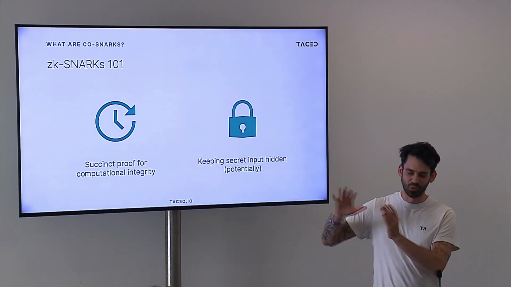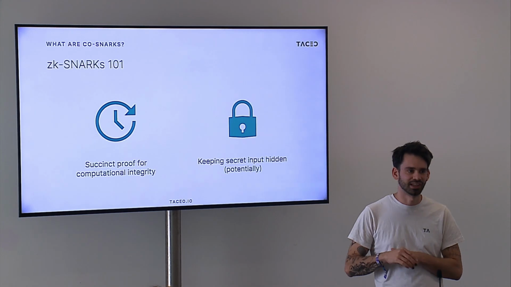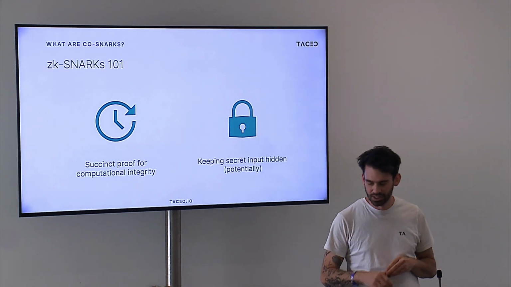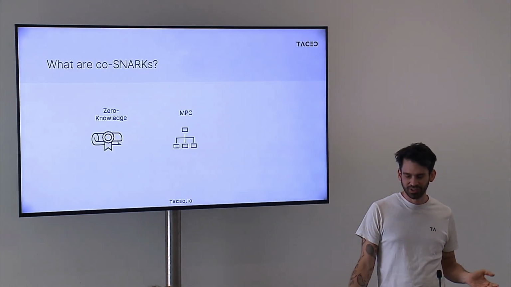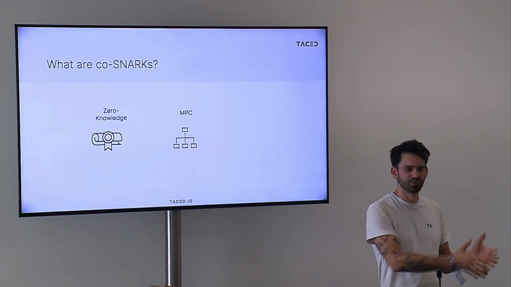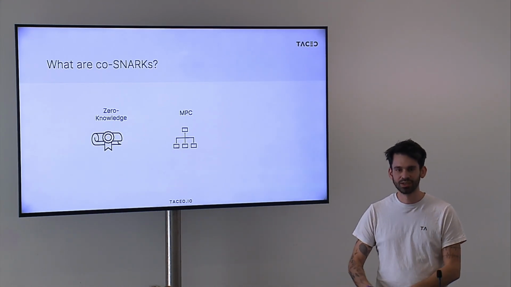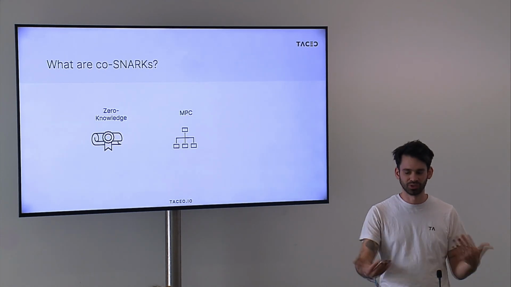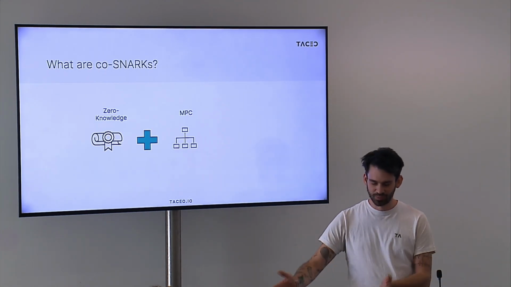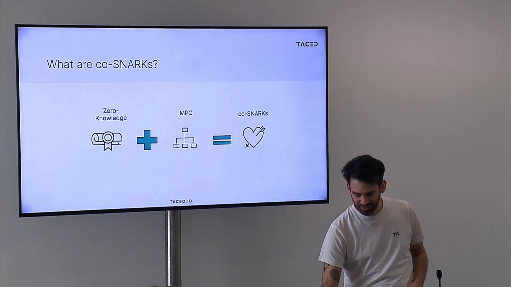So we potentially want to have some secrets hidden, but for our case, we want it also. So now we have these two cool technologies, zero knowledge that can prove some computation, and MPC where you can engage in a protocol where you don't disclose your private information. So what happens if we combine them? We get collaborative-SNARKs.